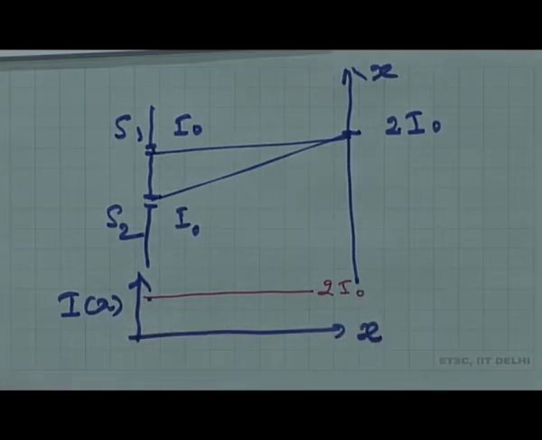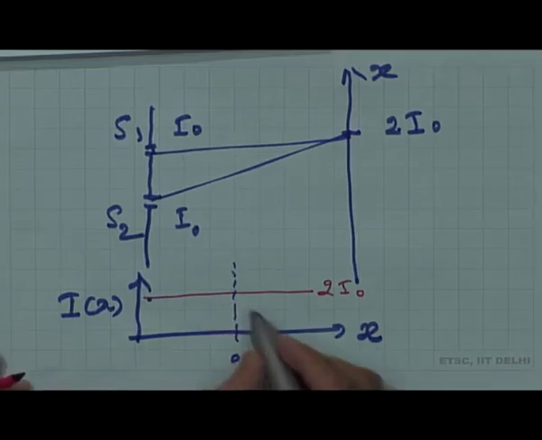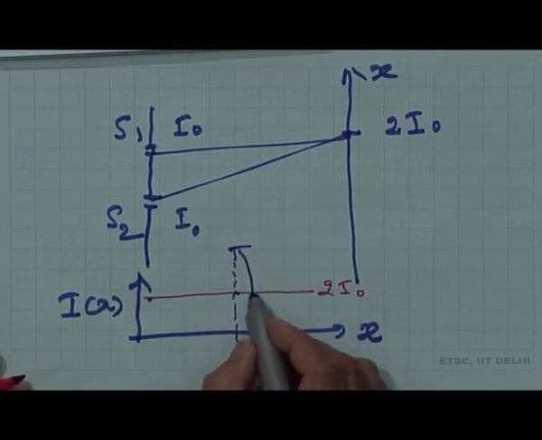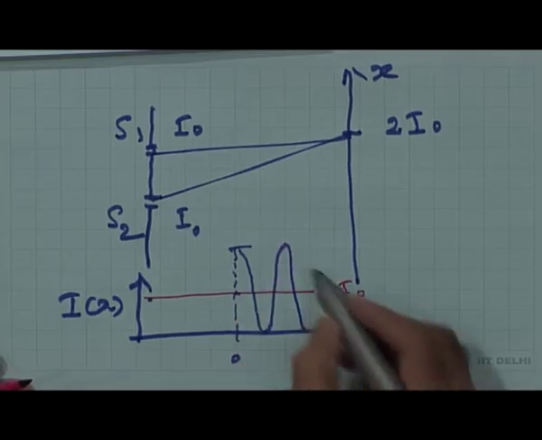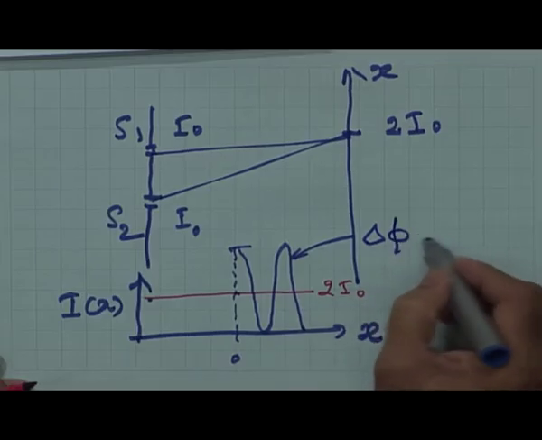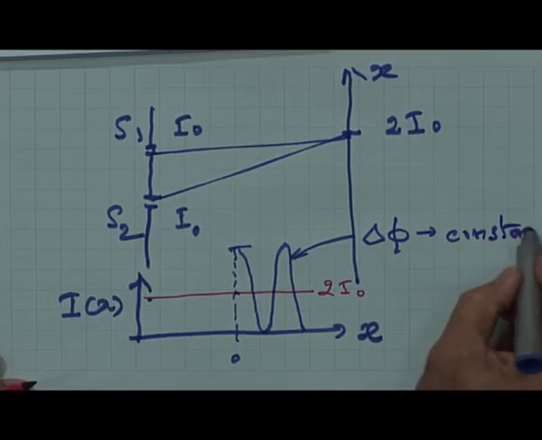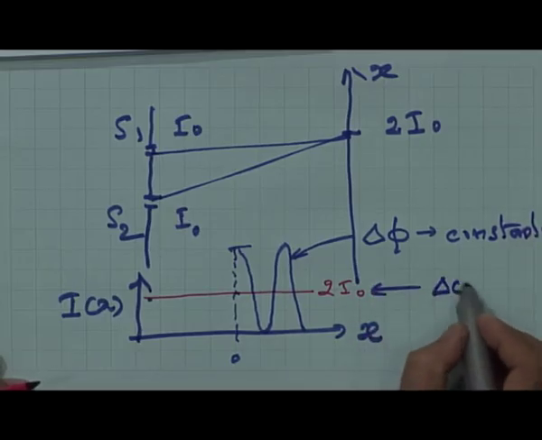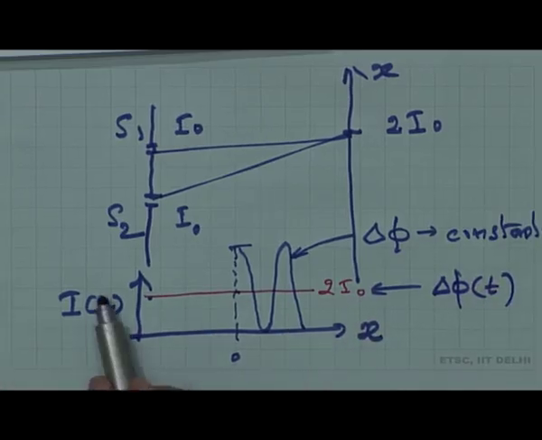Compare this with what we had earlier: at x equal to 0 there was a maximum and it was 4 times I 0, so we used to have an intensity variation like this. That is when delta phi is a constant, and this is the case when delta phi varies rapidly with time, which means there is uniform intensity.